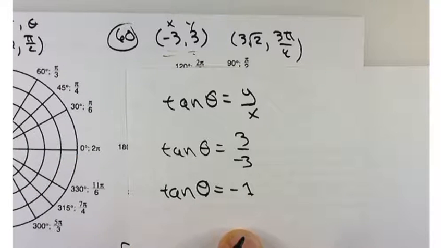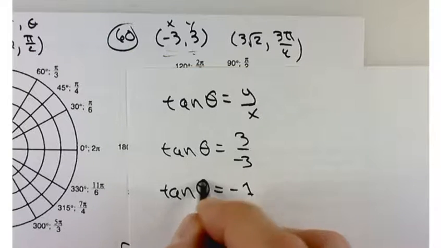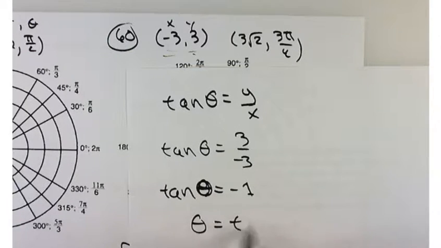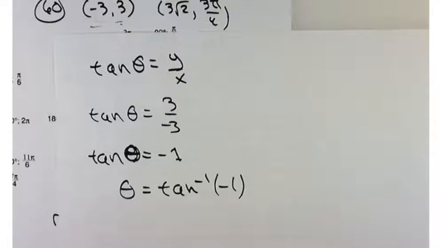Does that help me out at all? Yeah, it does. It would be nice if I could write an actual theta that looked like a theta. Theta is the inverse tangent of negative 1. My suggestion would be to do this in degrees on your calculator. You'll get negative 45 degrees, which is okay to a point.